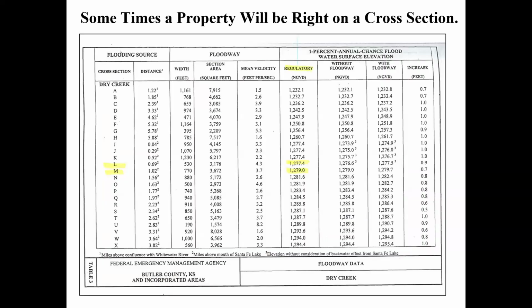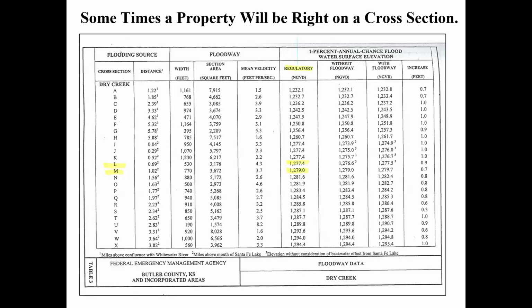Once you have used the flood profile, you can go to the floodway data table. This is more towards the middle or the first part of the flood insurance study. Then you can go to the flooding source. In this case, it's Dry Creek.